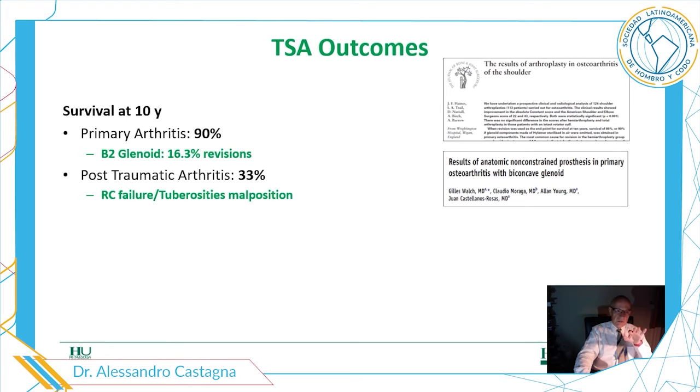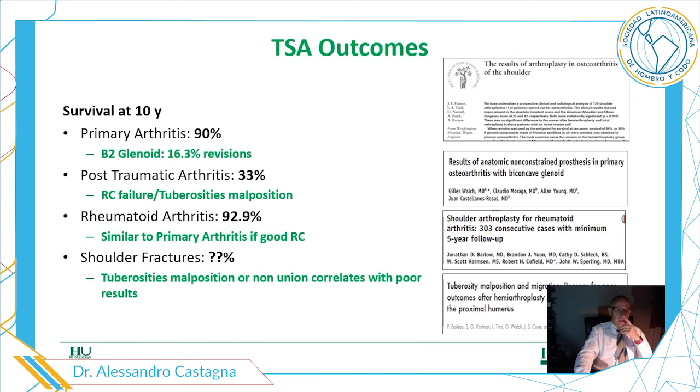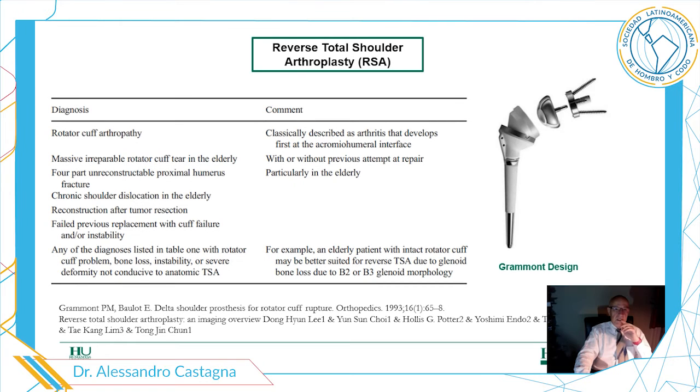So rotator cuff failure and tuberosity, as I mentioned already, are very important for that. Rheumatoid arthritis is performing good. Of course, you need to have a cuff, but it is very clear now. And in shoulder fracture, the tuberosity malposition or non-unions is correlated with poor results. Necrosis, good results, but in this case, it can be an option.